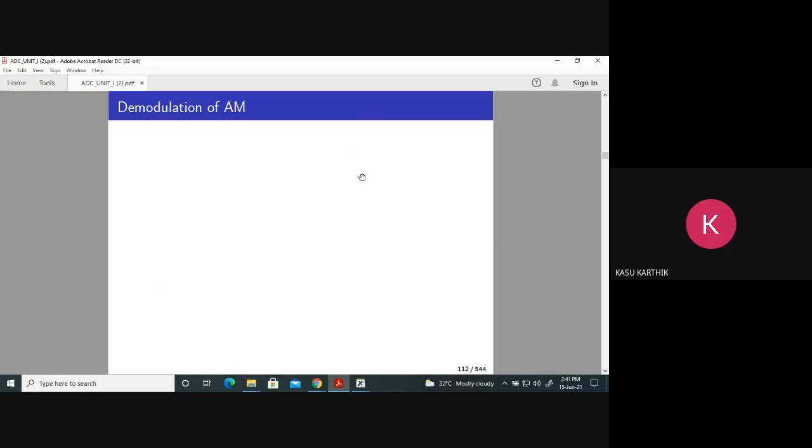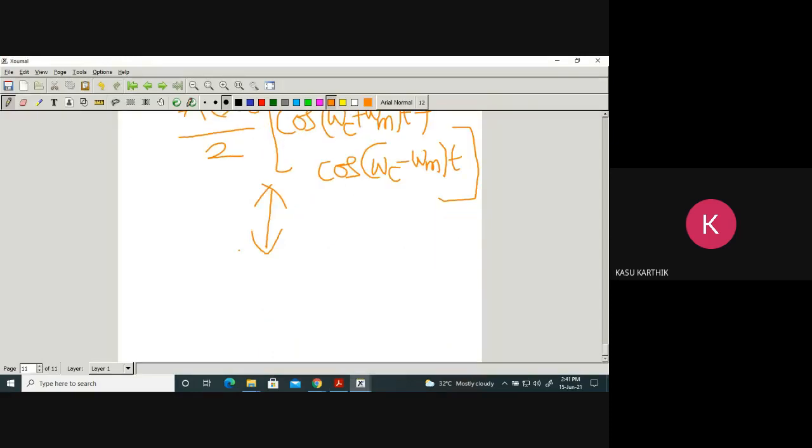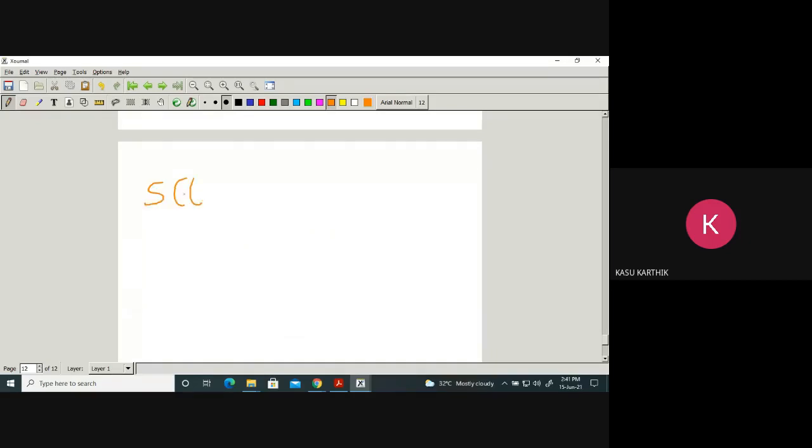Now let us get into the demodulation of amplitude modulation. We are done with modulation. So how did we do modulation? The equation is very simple. s(t) = c(t) + Ka m(t) c(t).